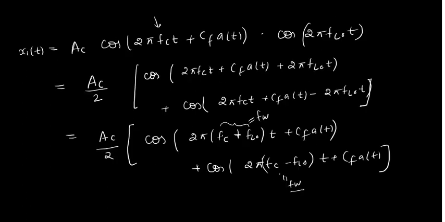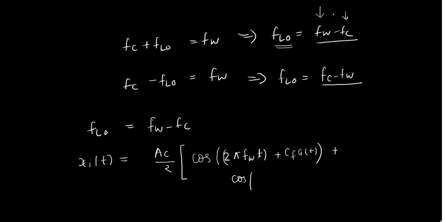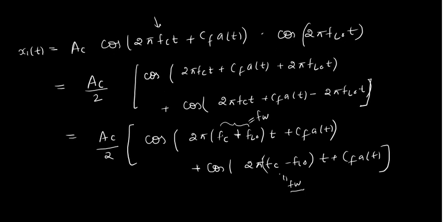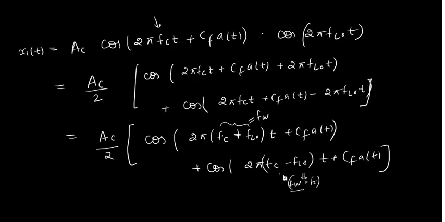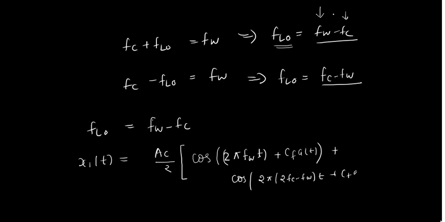And the other cosine is cos of, since we are replacing FLO as Fw minus Fc, that will be 2 Fc minus Fw, 2 pi (2Fc minus Fw) t plus the phase term.